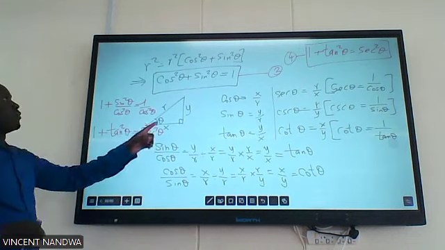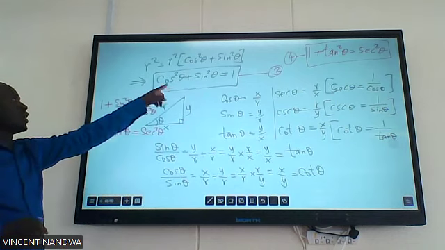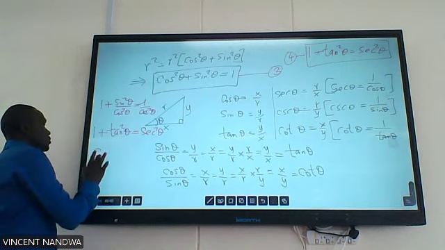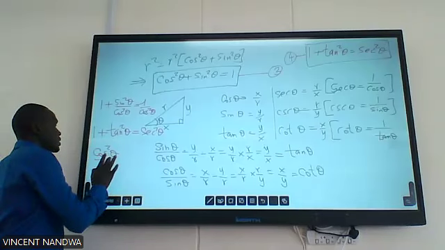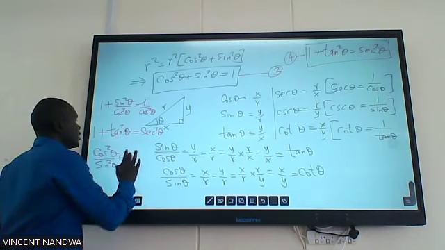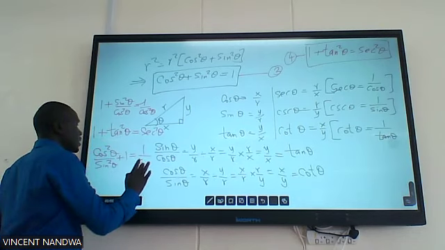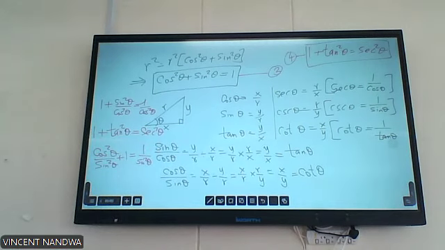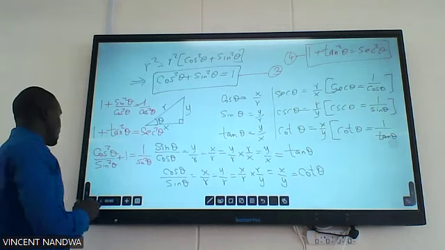And then also from this Pythagorean relationship, you can also divide 2 by sine squared. So we'll have cos squared theta over sine squared theta plus 1 equals 1 over sine squared theta. So cos over sine is cot.